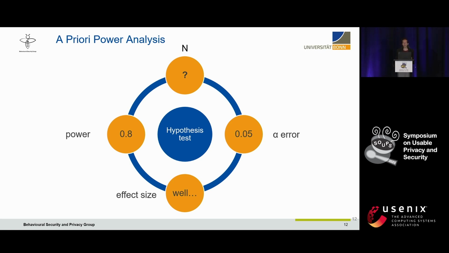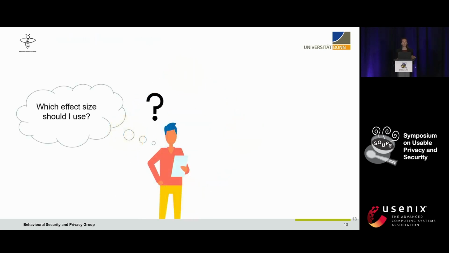So these are just the formal difficulties. Of course, you're interested in the effect size you're expecting to detect, and you want to know how many participants you need to do that. So if you're a researcher, you have a research question, your question when you're trying to do power analysis will be, what effect size should I use? And there are several different ways you can go about that.